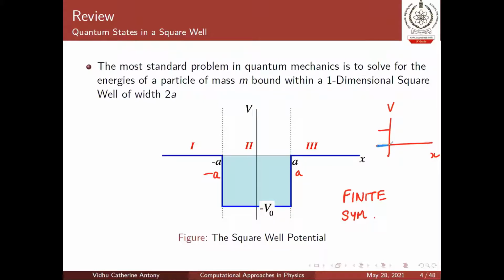So you have a potential well like this. Then you say this is minus V naught. This is 0. And let's say this is A. So it's not symmetric. It's not on equal sides of the V axis. Therefore, you say this is asymmetric. And this one here, you have equal sides on both sides of your V axis. So you say this is symmetric. I hope you get this clearly now.